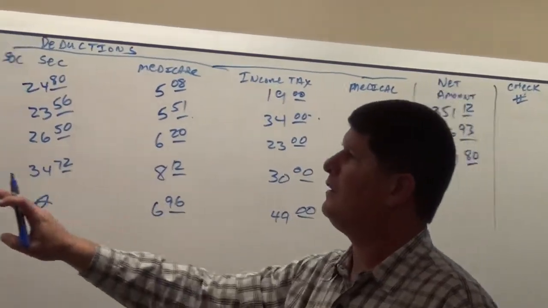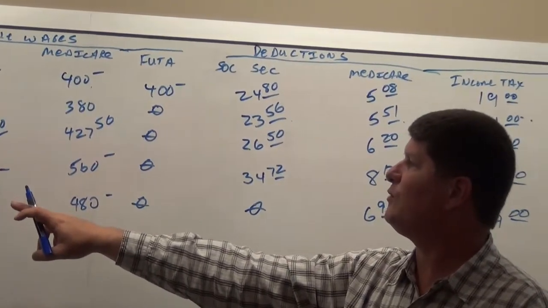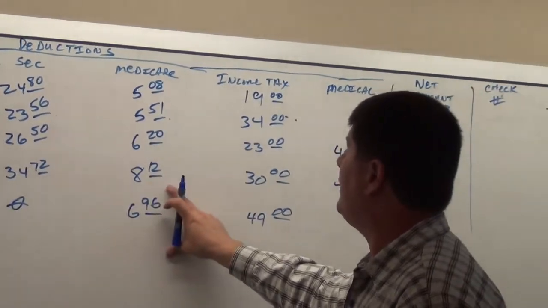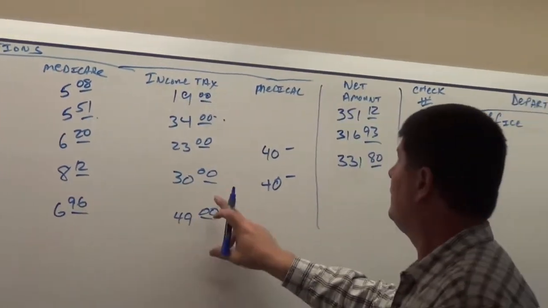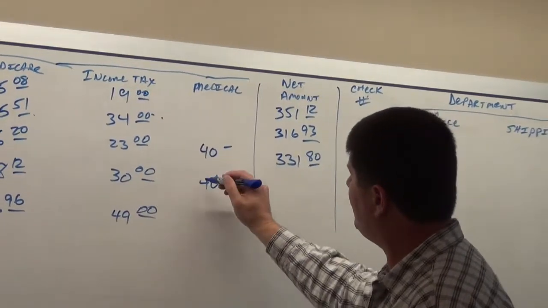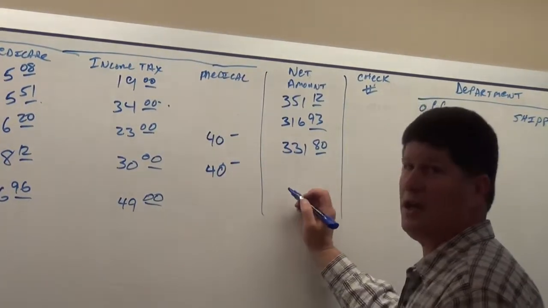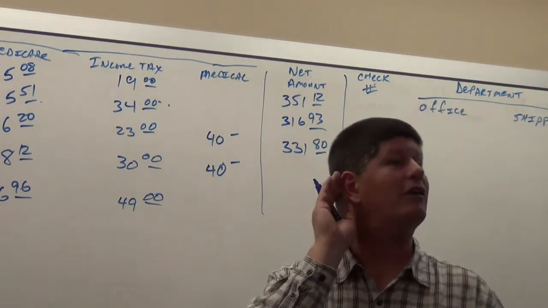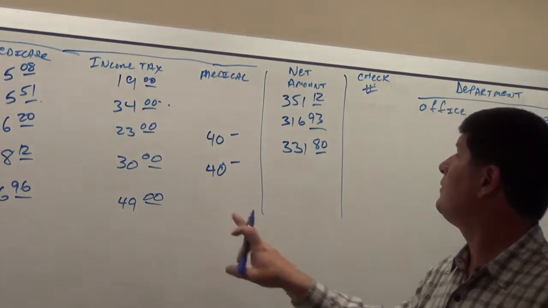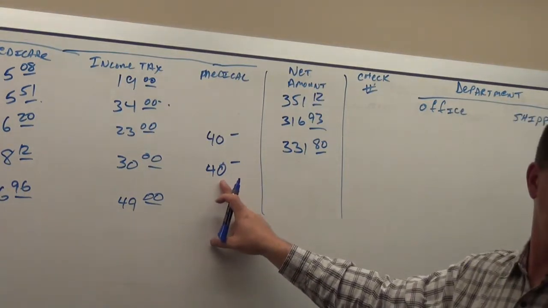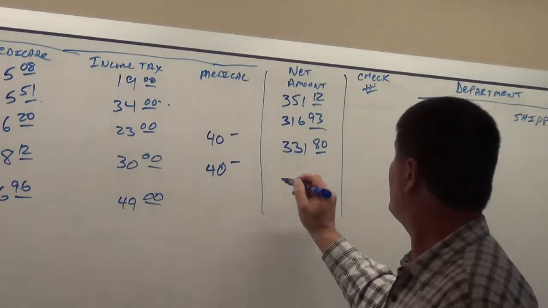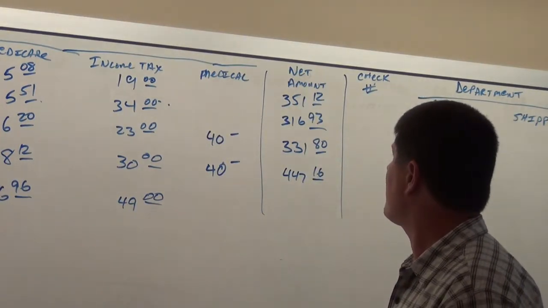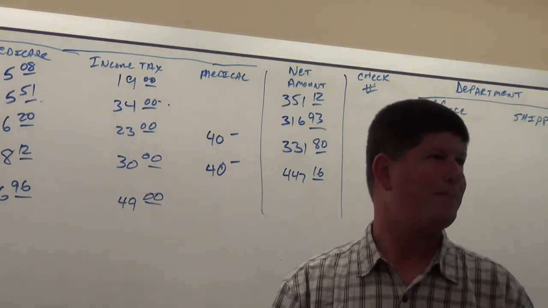Okay, Wu, $560 gross wages minus $34.72, $8.12, $30, minus 40 gives us 447.16. We've got the minus 40 because of the medical. And every other number is right off the PowerPoint slide, except for the top one.